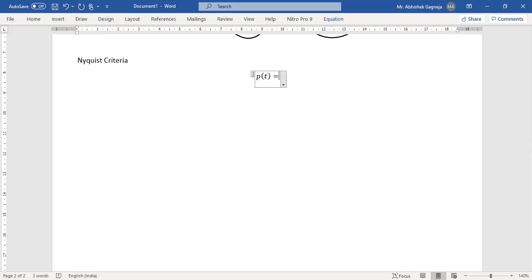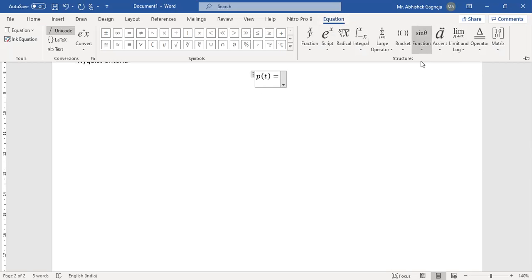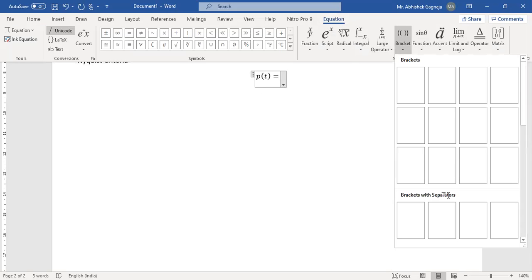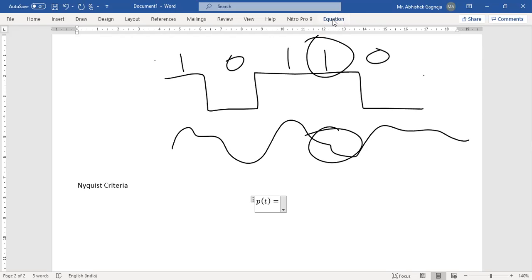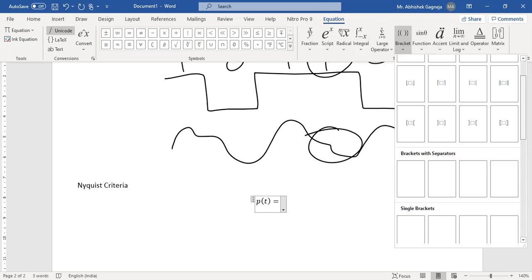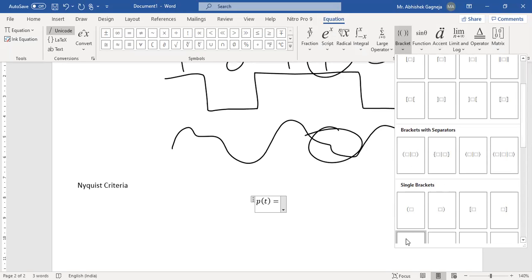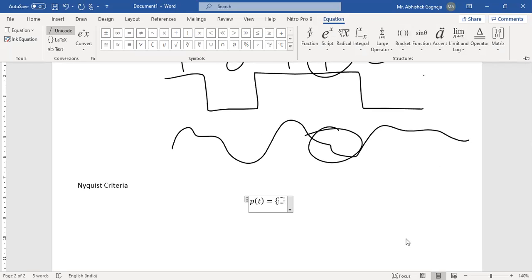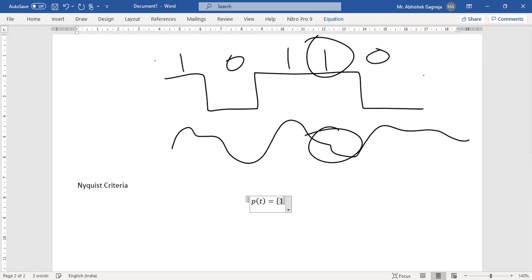p(t) should satisfy the criteria, and notice that I am writing p(t), so that means it's a continuous wave. It is important to note here that we're talking about a continuous wave.